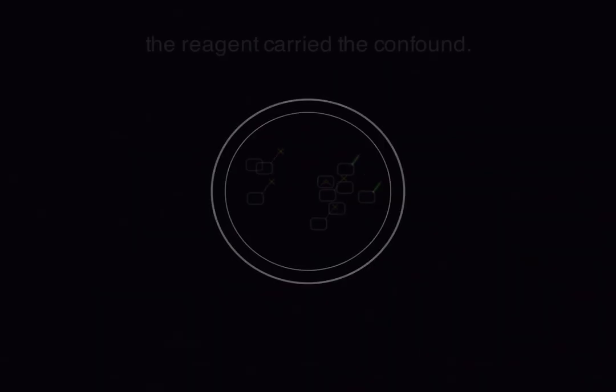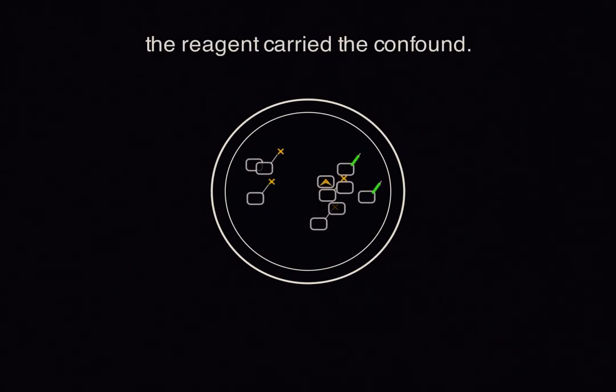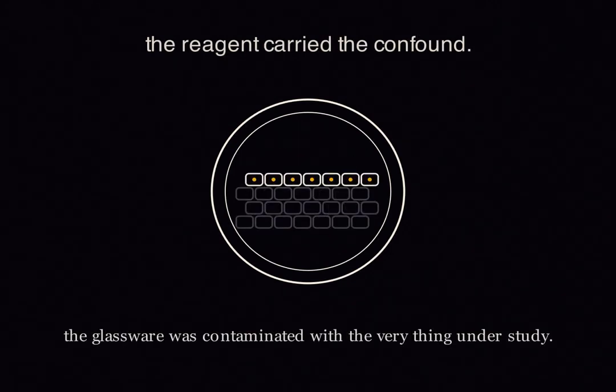The question the field most wanted to ask, what does each mark alone do, was exactly the question its own material could not answer. The reagent carried the confound. The glassware was contaminated with the very thing under study.